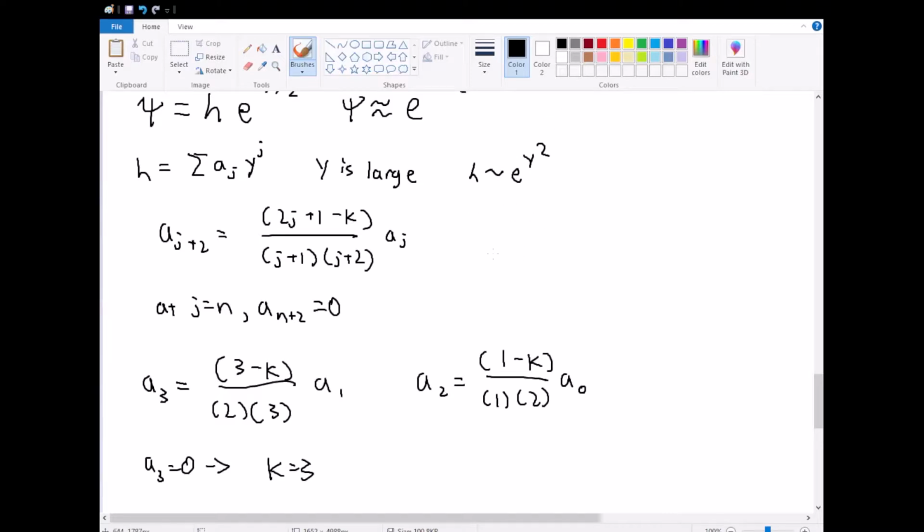So to resolve this, what we have to do is say that n determines which one of these two series actually means anything. So if n is odd, then that means the odd series truncates.